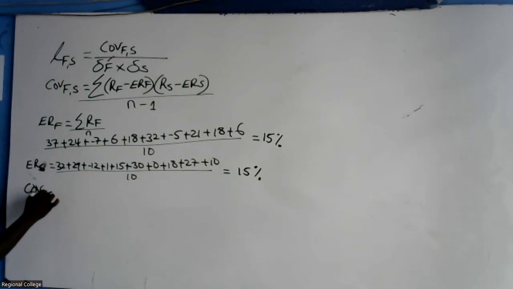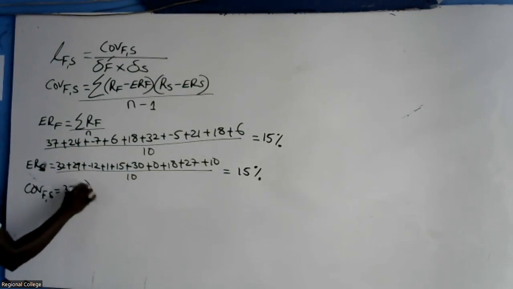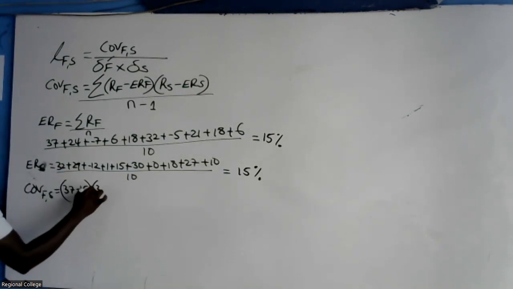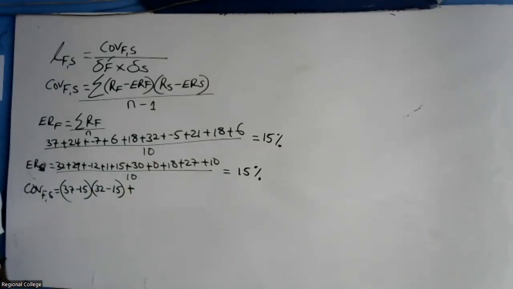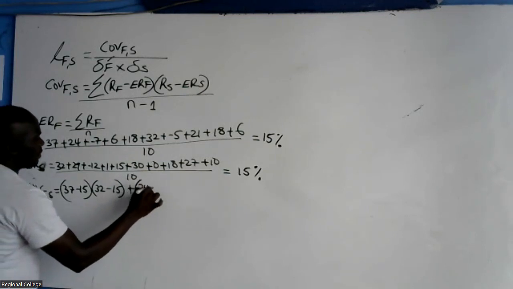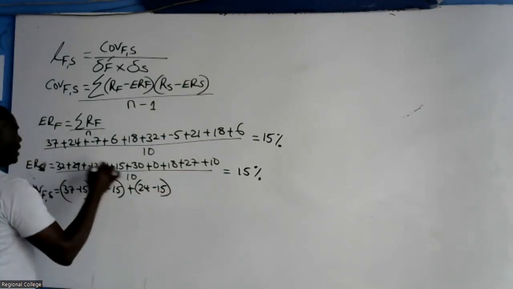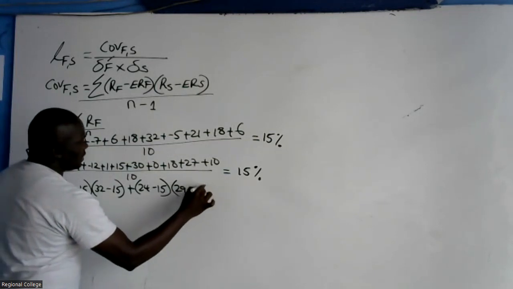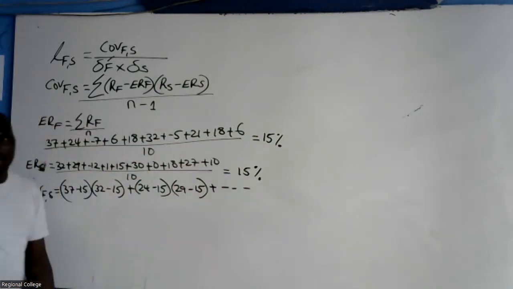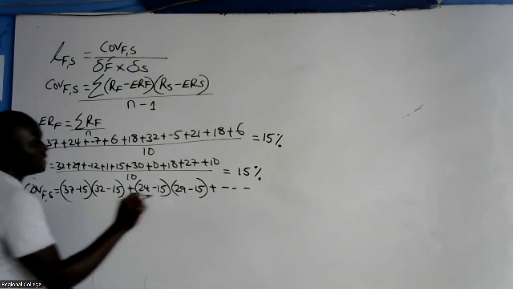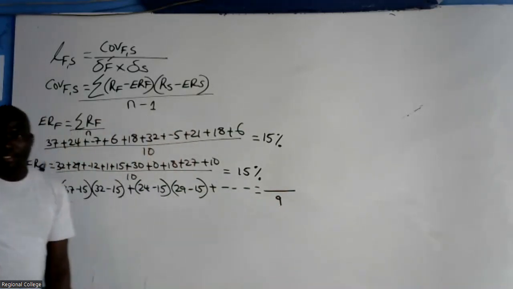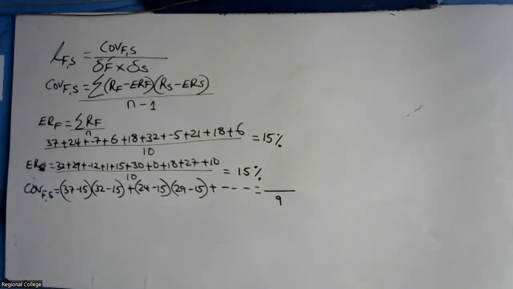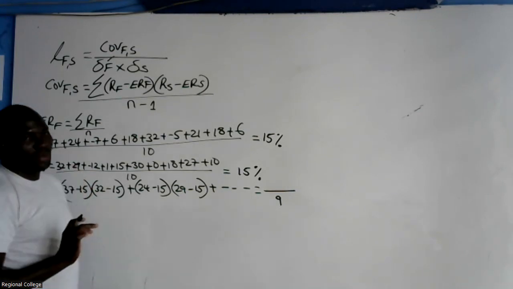Covariance of FS: the return of F, the first is 37 minus 15, the other is 32 minus 15, plus the second one is 24 minus 15, and the other is 29 minus 15, plus you continue with all of them like that. Then your answer you divide by n minus 1. So do all of them, then divide your answer by 9, right?